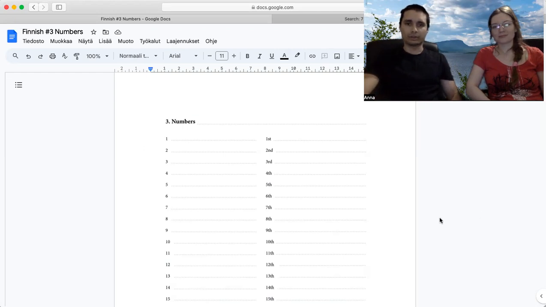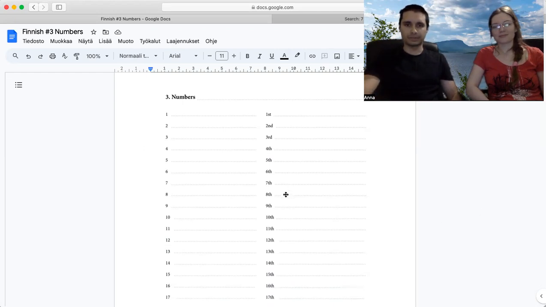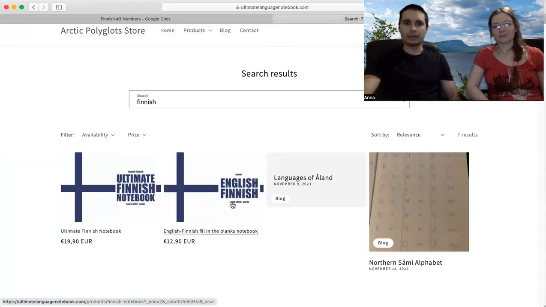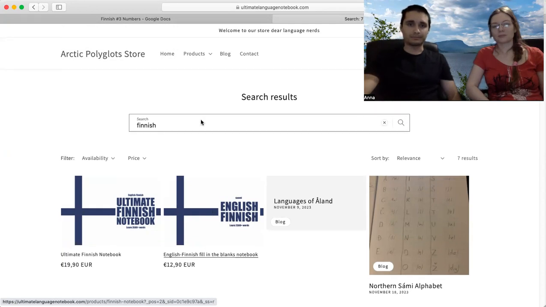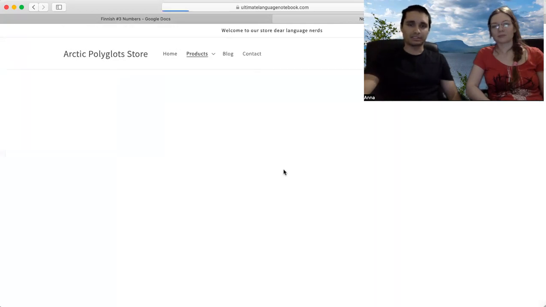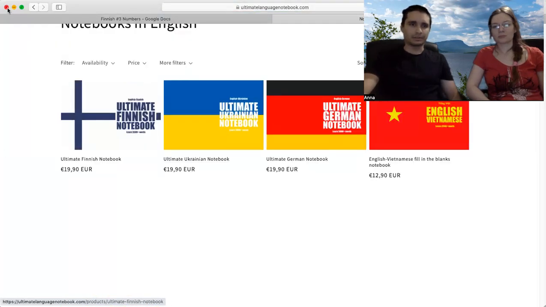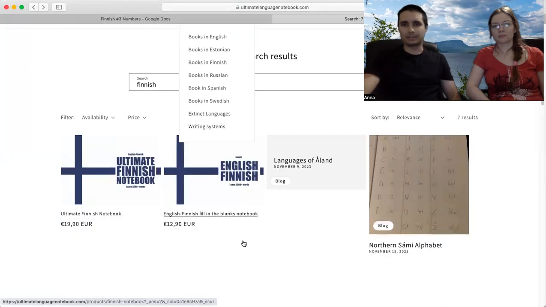So today we are going through numbers, and like already said, we are using the fill in the blanks notebooks as a base to structure our lessons. So it's this one, the fill in the blanks notebook. We have like 600 different covers, but the same content inside.